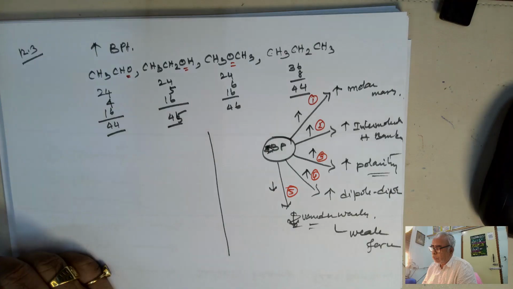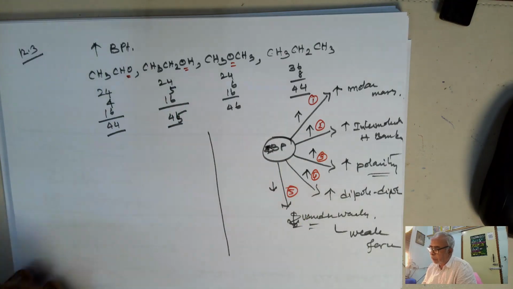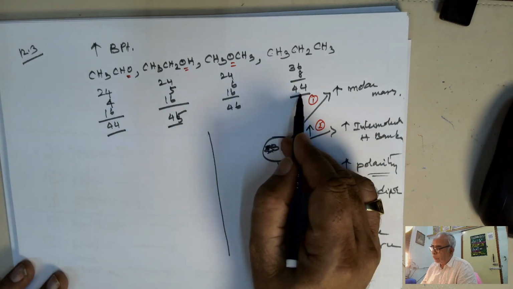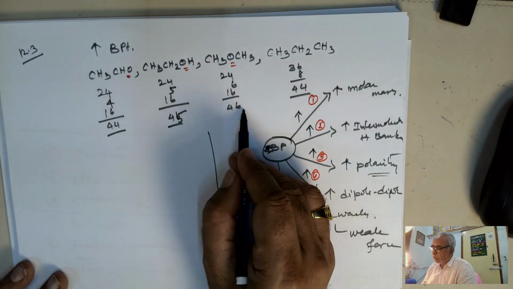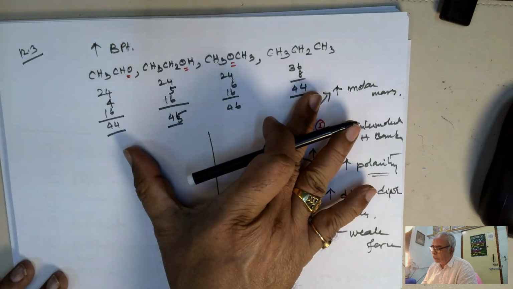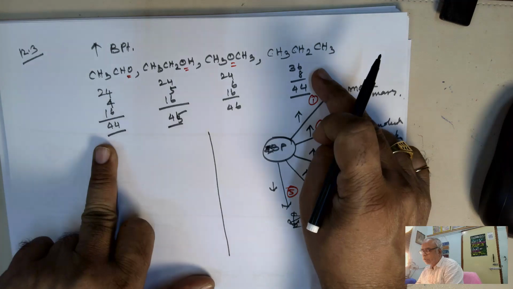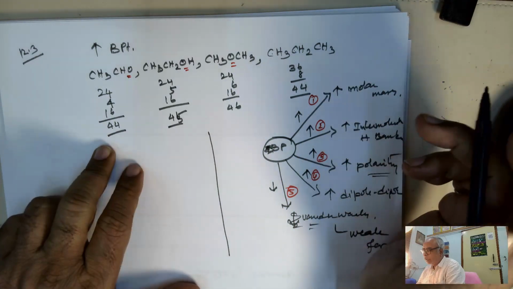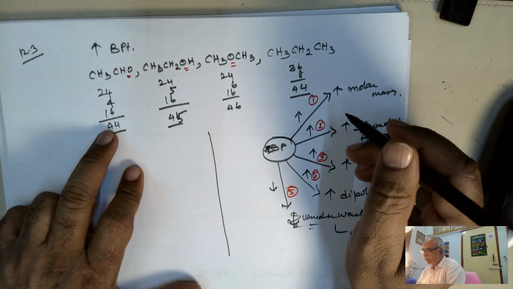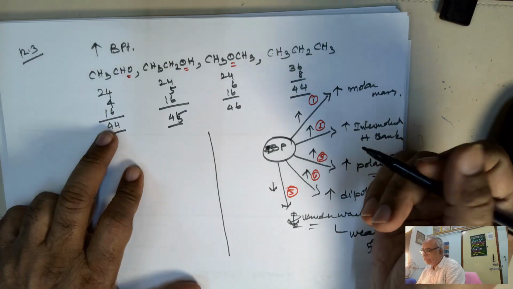So first you have to make like this. Which is the lowest one? The lowest molecular weight will be having the lower boiling point. So in that case, you have got two, and these are high. So among these two we have to select. This is also 44, this is also 44. So in that case, what is the next parameter based on which we can decide?